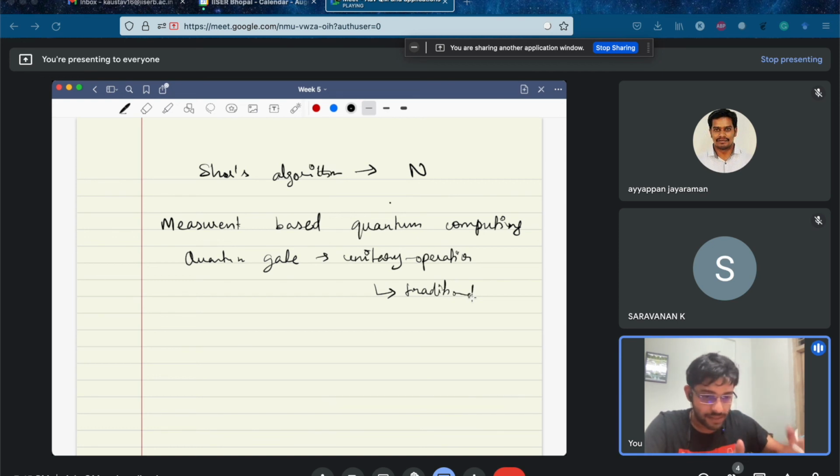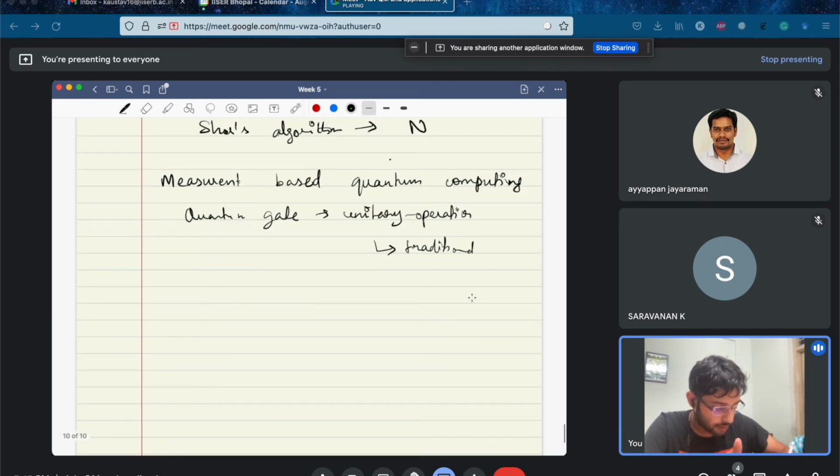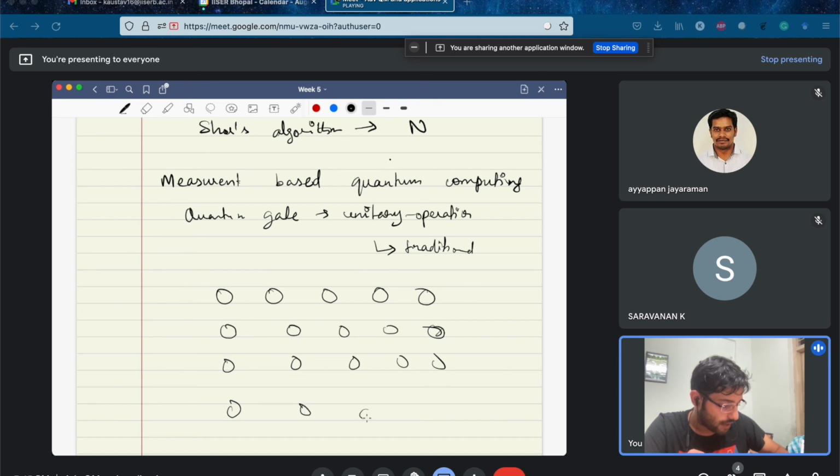In recent times, what they do is you take a series of qubits, something like a 2D lattice of some material, let's say.